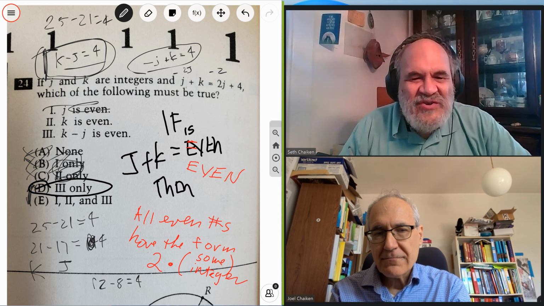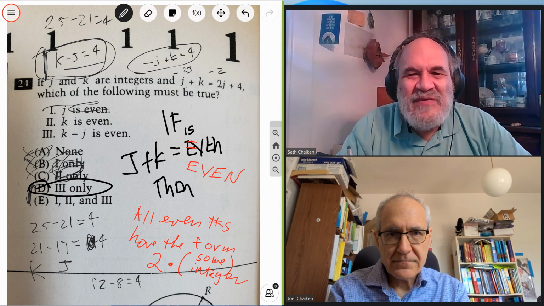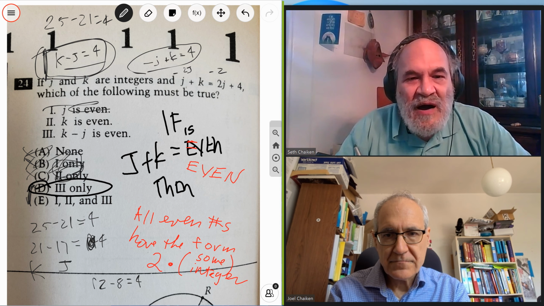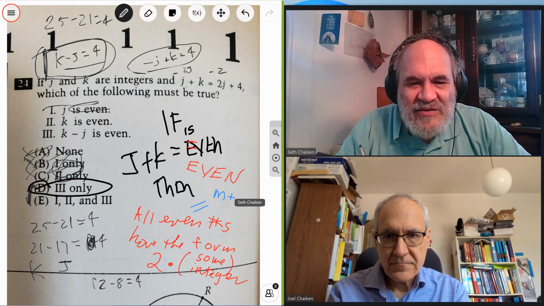When kids are first taught about even numbers, they're taught that a number is even when it can be expressed as the same number added to itself.